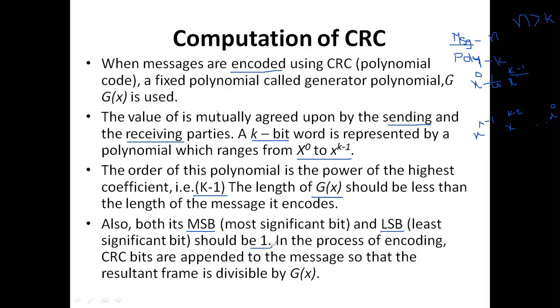In this process of encoding, CRC bits are appended to the message so that the resultant frame is divisible by g of x, which is the polynomial divisor.